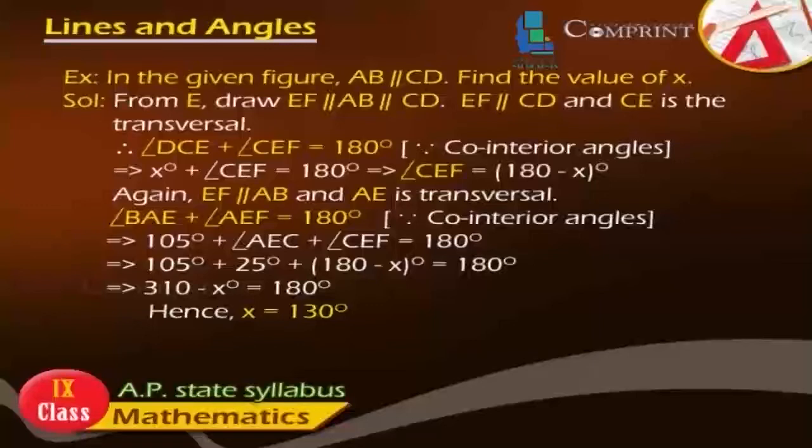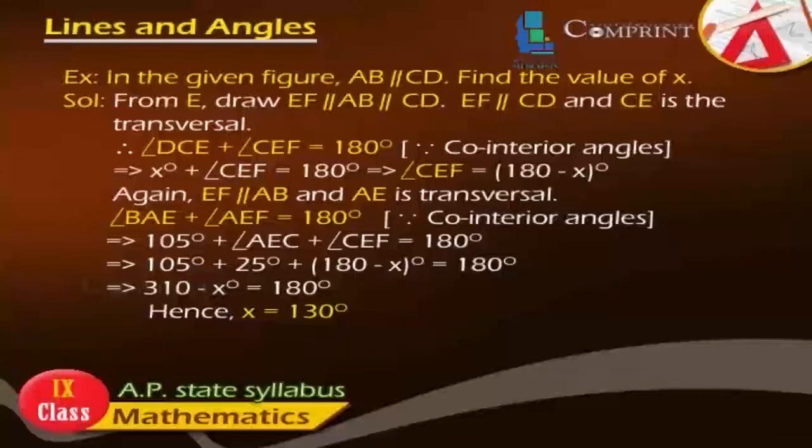Therefore, angle DCE plus angle CEF is equal to 180 degrees, since co-interior angles. Implies x degrees plus angle CEF is equal to 180 degrees. Implies angle CEF is equal to 180 minus x degrees.